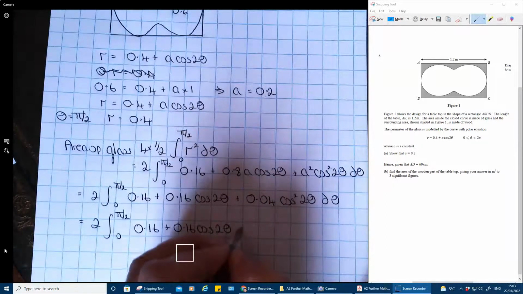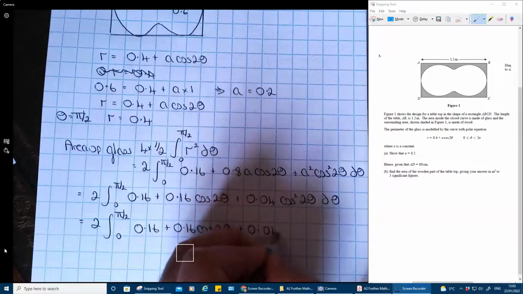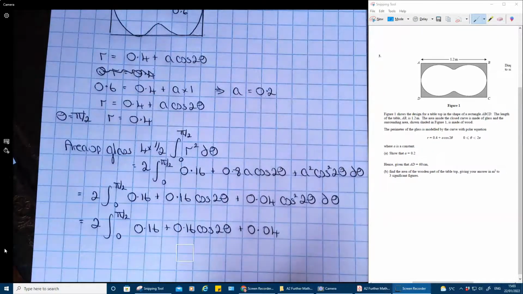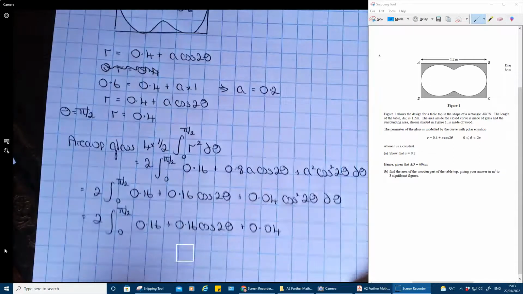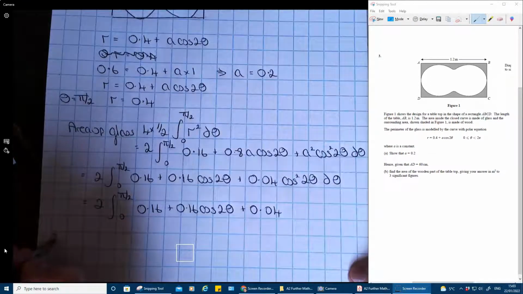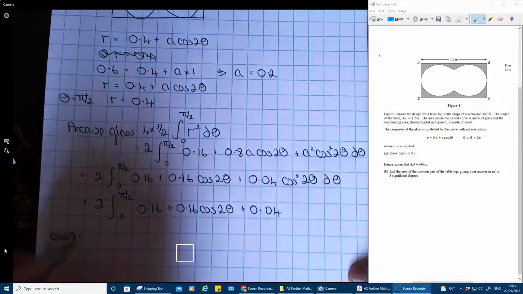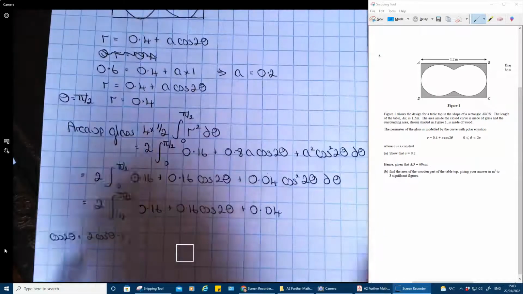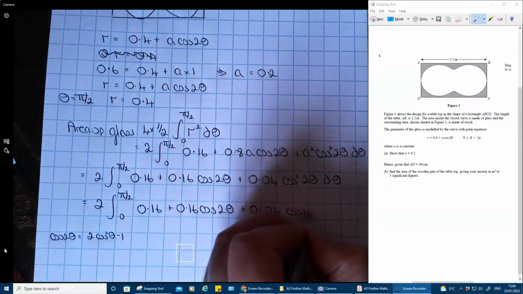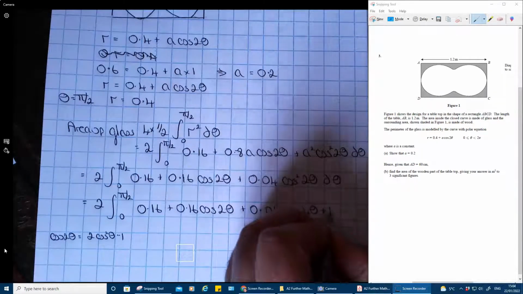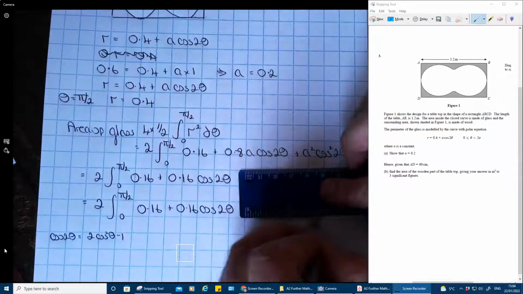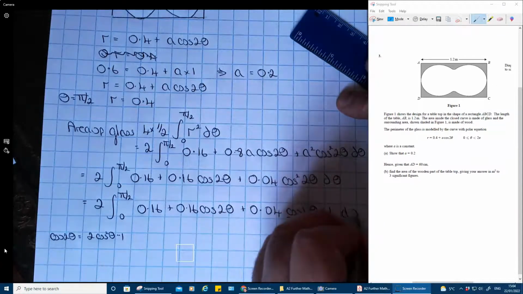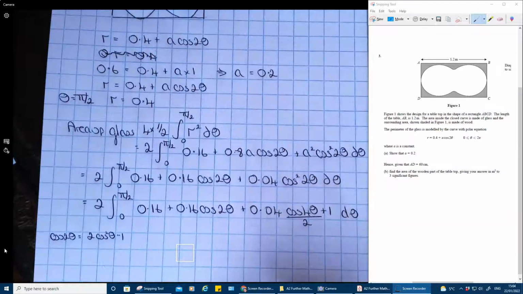The third part, we need to appreciate that cos squared, we're going to use the identity cos 2 theta is 2 cos squared theta minus 1. So rearranging that, we get cos, in this case 4 theta, because we're doubling the angle, plus 1 over 2. Okay, so 0.04 divided by 2, 0.02.